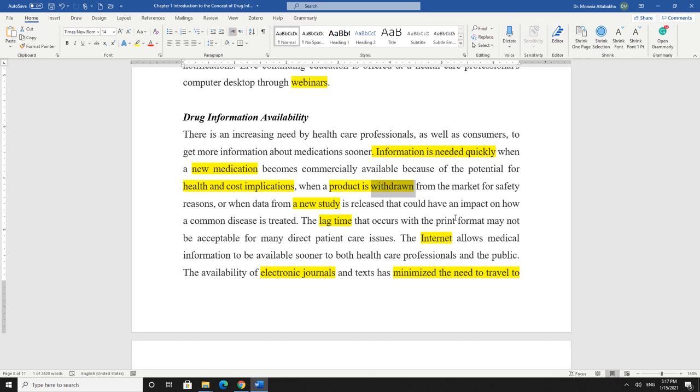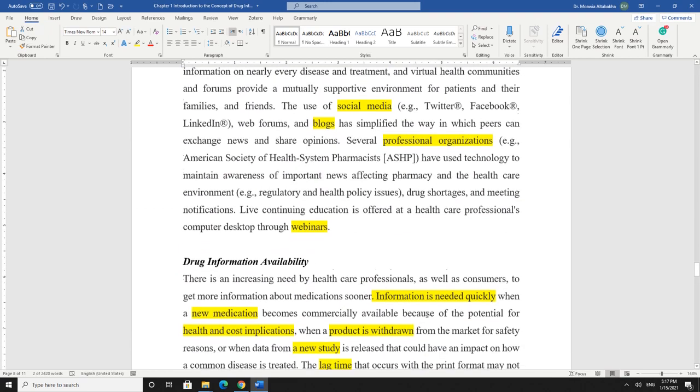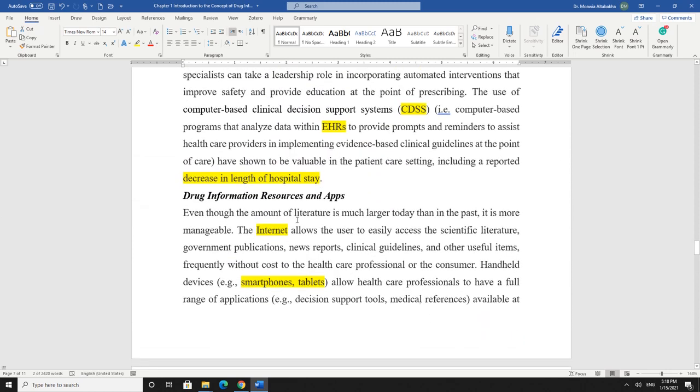Not only the effort we spend doing these things, but also the lag time between the appearance of such information and its publication as hard copy. Whereas with the presence of the internet, you can access electronic journals immediately in your place, and the information will appear much faster compared with the hard copy. So, did technology have an effect? Yes.